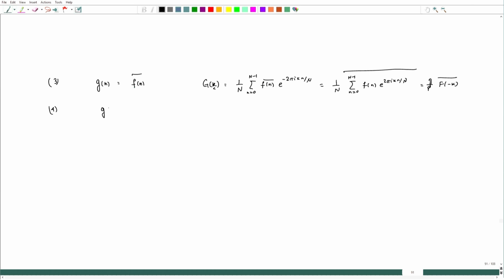Now, you define g of n is equal to f of n minus n naught for some fixed n naught.